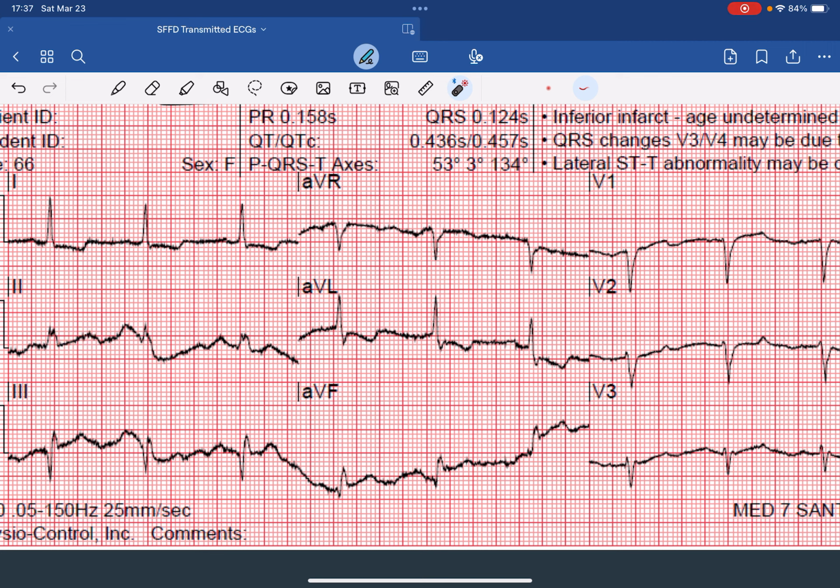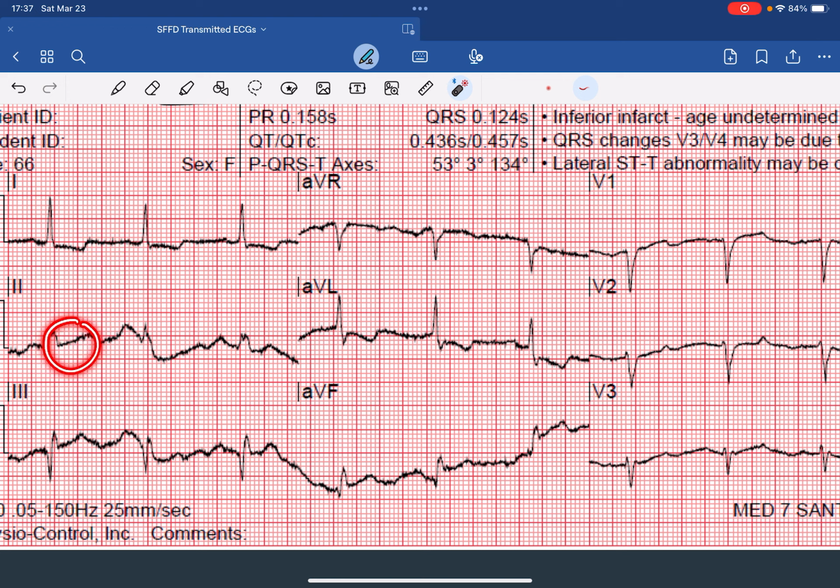When T waves start to straighten out or become a little more convex and less concave, that can be an indication of ischemia and infarction. Remember, a convex T wave is a sad T wave. A concave T wave is generally a pretty happy T wave. In this case, we have a straight T wave, so it's that weird little emoji with the slanty face, which is kind of not thrilled about life.